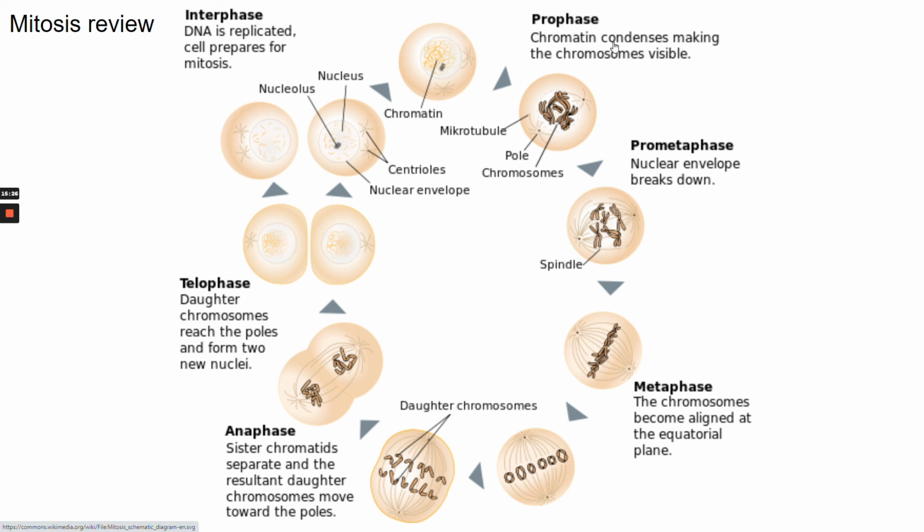Then in prophase, the DNA condenses into chromosomes. Then they line up in the middle of the cell. Then they get pulled apart from each other in anaphase. Then the cell starts to split, and eventually we have two cells. But the two cells are identical. Genetically, they're identical to the cell we started with. And that's what mitosis is, taking a cell and making two identical cells from it.